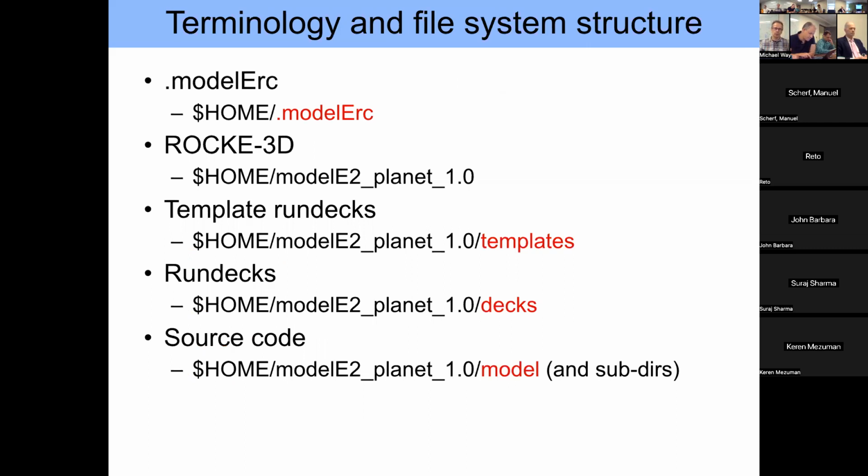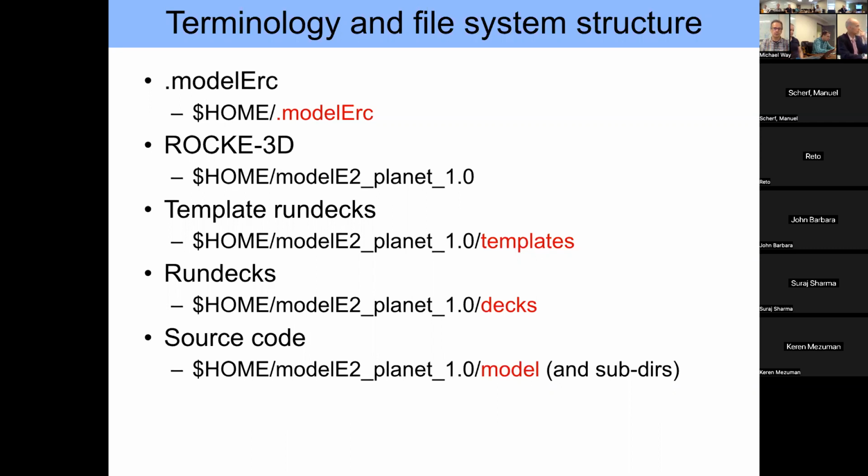going into the model structure itself now, to go from the higher level science part into the actual way you will be working with the model, there are some important things you need to know, what they are and where they are located. First of all, as you've seen in the instructions that we've sent you, there is a file called .modelerc that lives in your home directory.